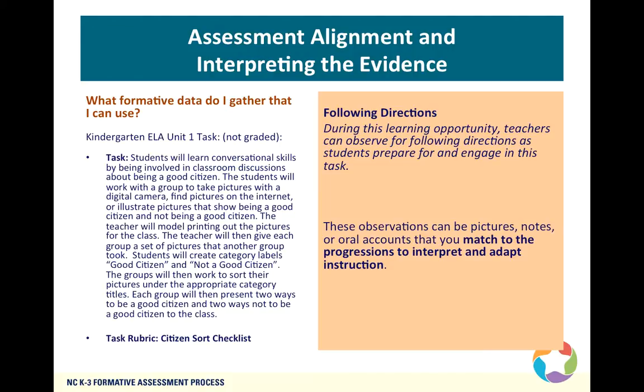They can create pictures, they can select from pictures, and in that activity, they can use a digital camera. The way you provide that activity for them is up to you. But one thing that it can align to on the construct progression for kindergarten entry is following directions.